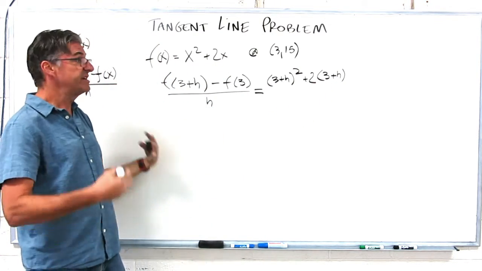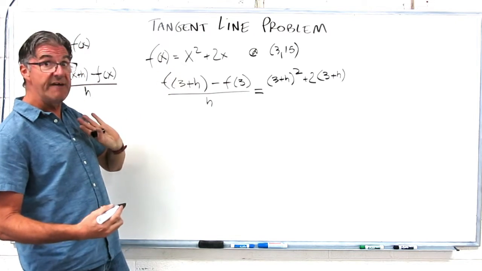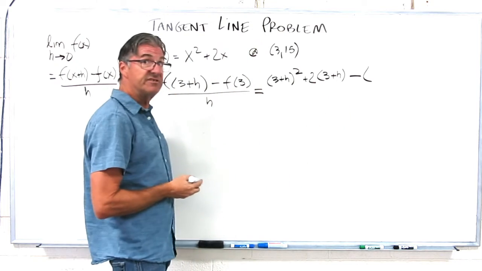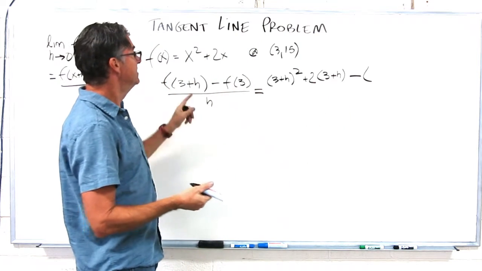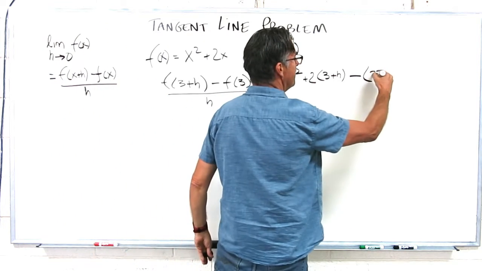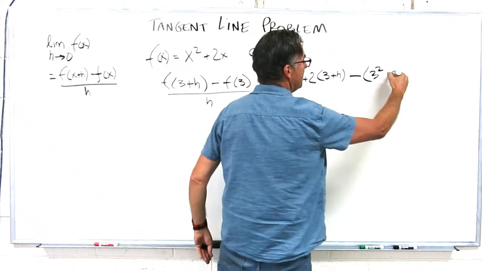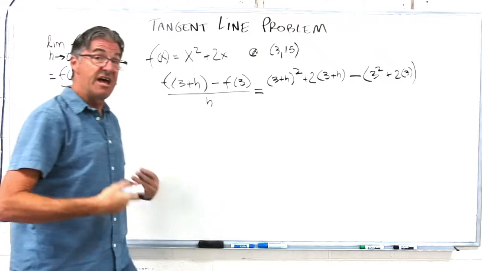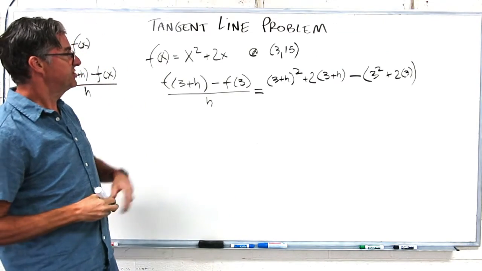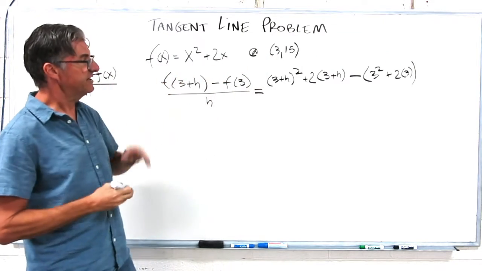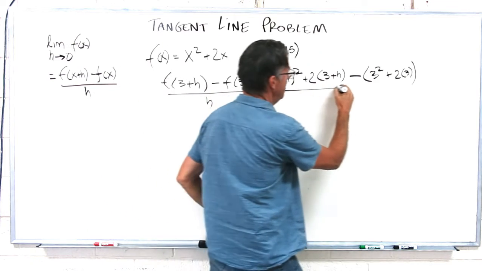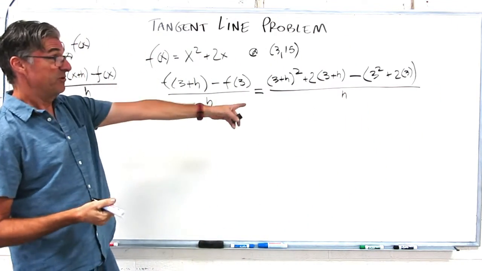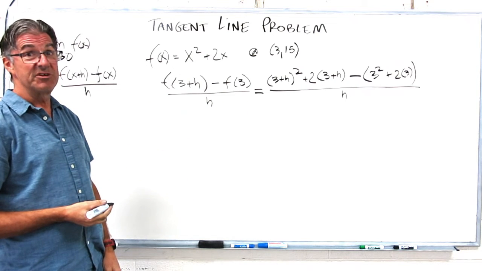Now what I do here is I subtract just plain old f of x with no h's. So I'm going to put a minus. I recommend using parens there because it's going to affect some signs. And here we go. We just have 3 squared plus 2 times 3. So that's just f of x when you plug 3 in for x. And this is, of course, all over h. So yeah, pretty complicated, lots of algebra to do.